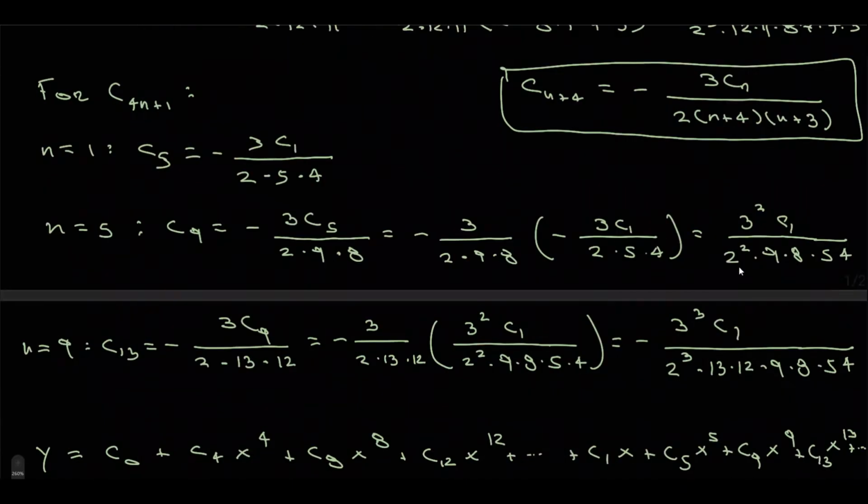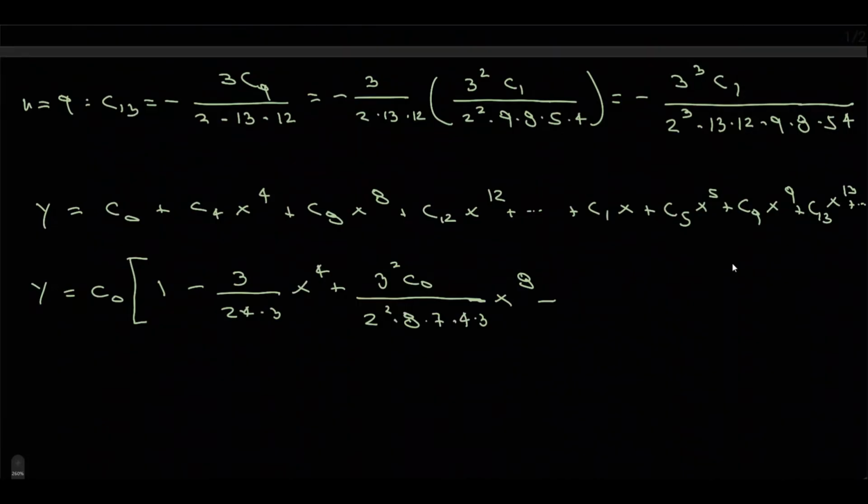I'm just going to bring it. So that is minus 3 cubed over 2 cubed times 12 times 11 times 8 times 7 times 4 times 3. That's the coefficient of x to the 12th, right? Plus infinitely many terms, of course.